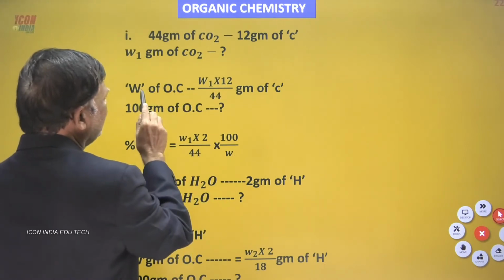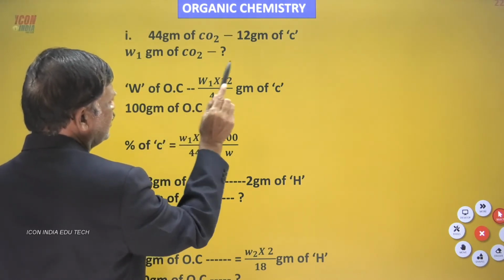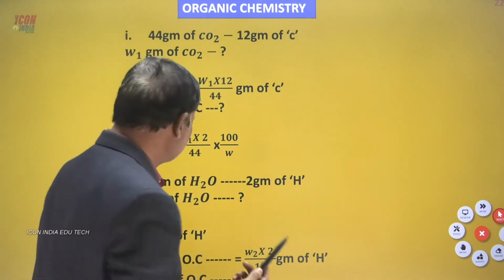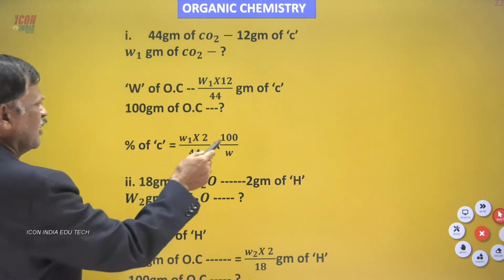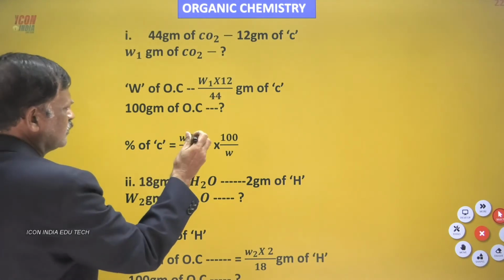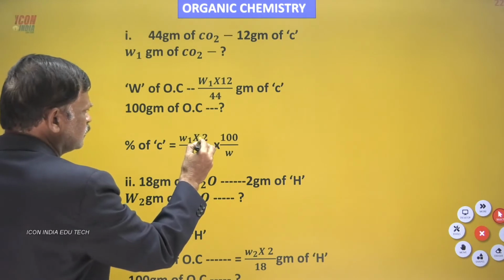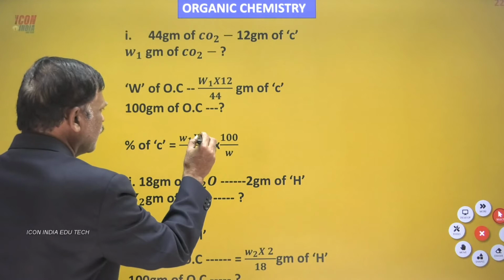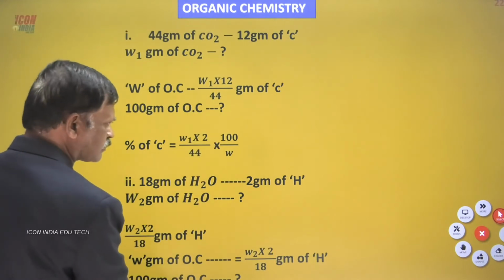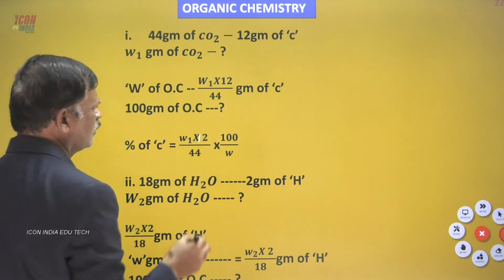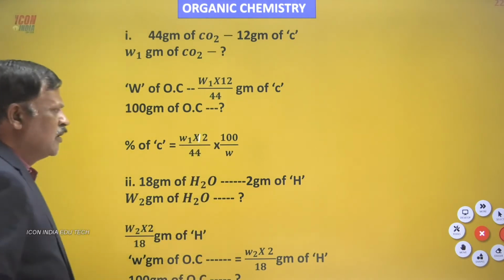So if W grams of the organic compound contains that much carbon, 100 grams of organic compound contains how much? That is the percentage: W1 into 12 by 44 into 100 by W.